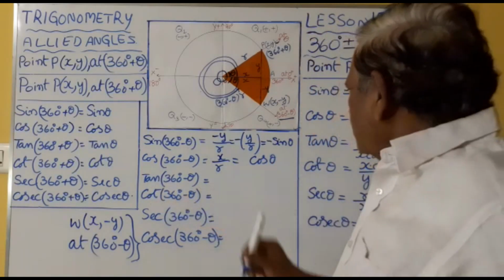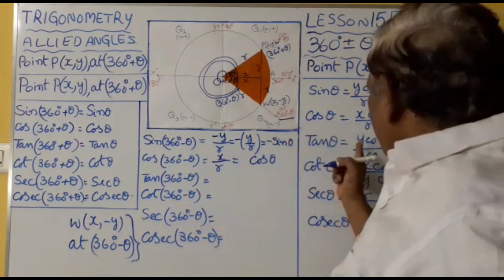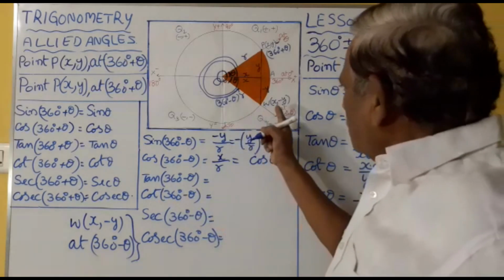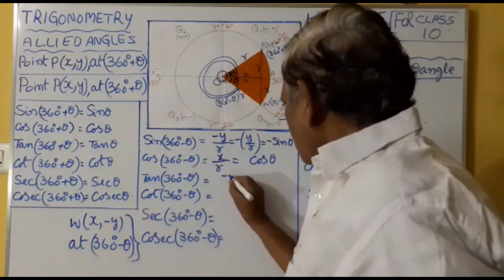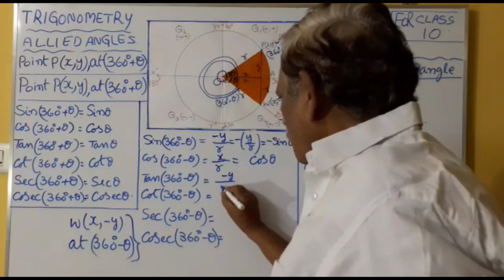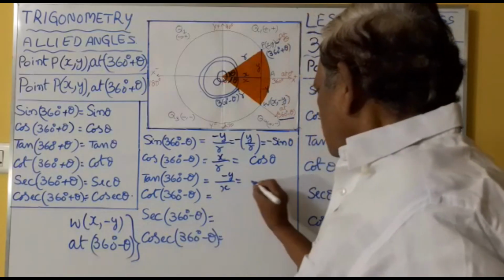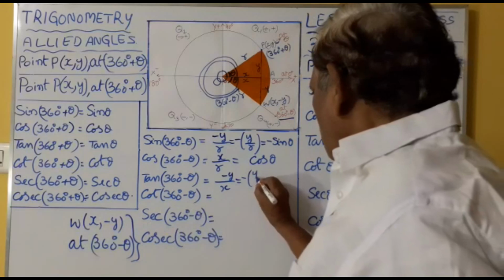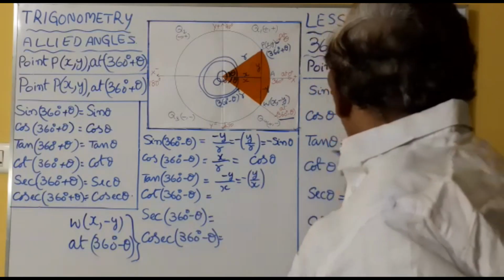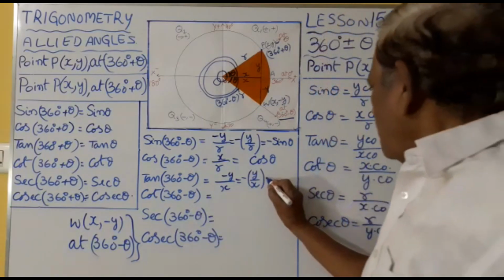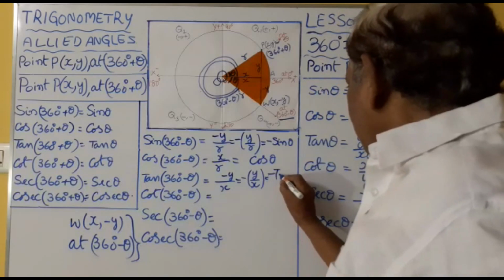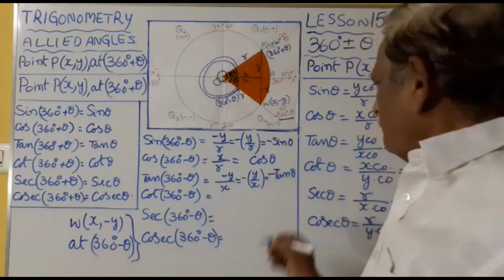Tan(360 minus theta) is y coordinate by x coordinate. The y coordinate here is minus y, and the x coordinate is plus x. This equals minus of y by x, but y by x is tan theta. Therefore, this is minus tan theta.